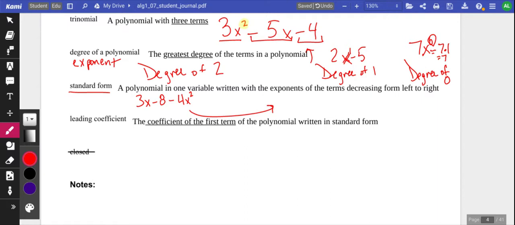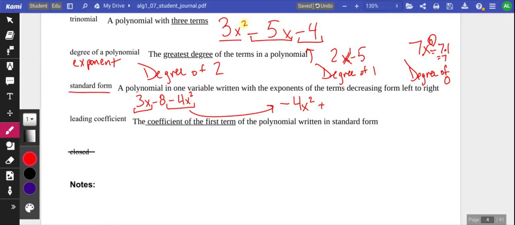I would just want you to scramble all those terms so that it goes from the highest exponent down to the lowest exponent. Okay, so start with that highest exponent. I don't want to forget these negative signs. When you're moving these different terms around and you have a negative, you got to remember that stays with that term, negative 4x squared.